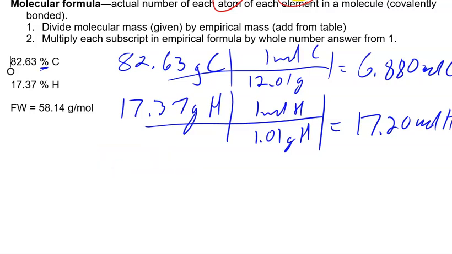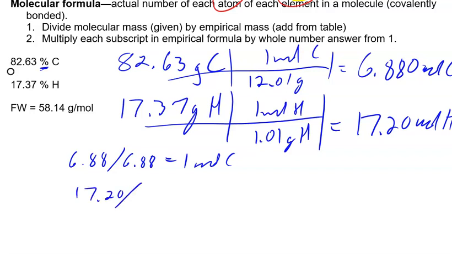Pretty sure that 6 is smaller than 17. So I'm going to get 6.88 divided by 6.88 to equal 1 mole of carbon, and then we're going to get 17.20 divided by 6.88, and I got 2.499 and so on. In other words, this is going to be 2.5.